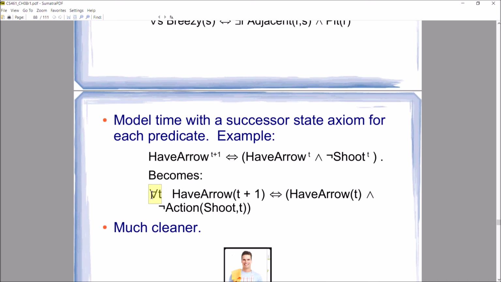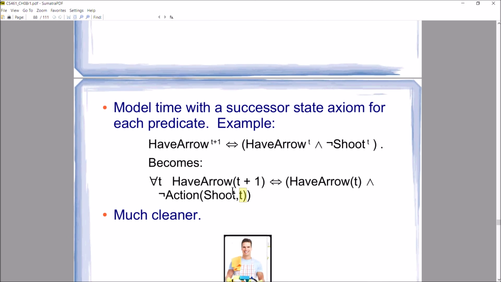So it looks like this. For all time, you'll have an arrow at t plus 1 if and only if you have an arrow at t and you did not take the action to shoot at that time, right? So that might be a cleaner way of doing it.